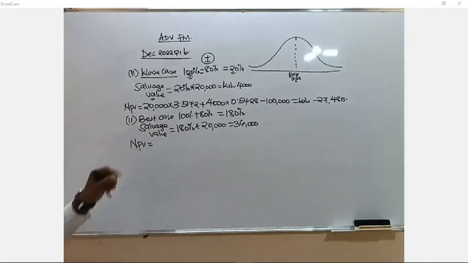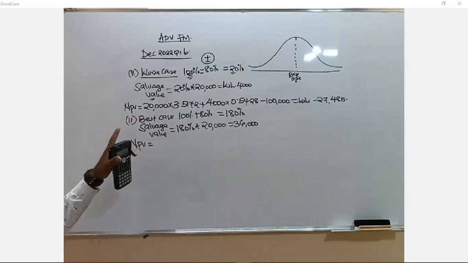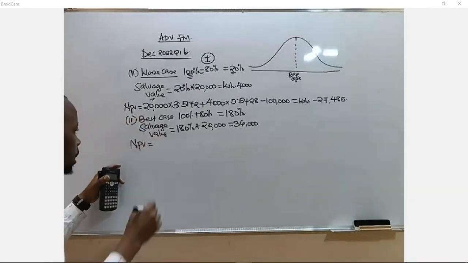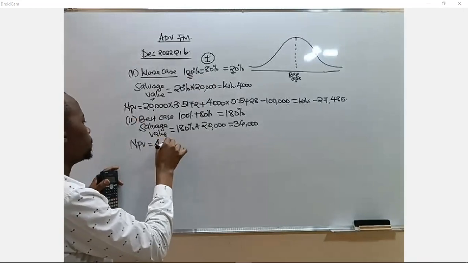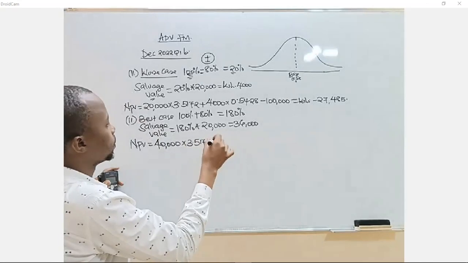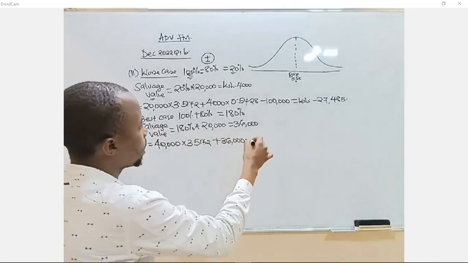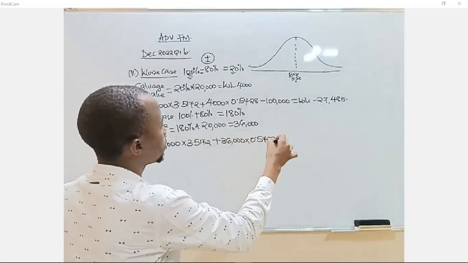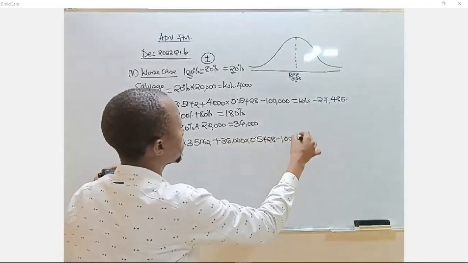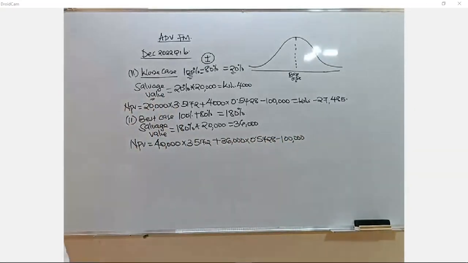So when I look on for the best case scenario now, we are going to be checking on the NPV, and when you look on the cash flows for the best case, it is 40,000 times 3.5172, right? Plus 36,000 times 0.5428. Then you subtract 100,000.